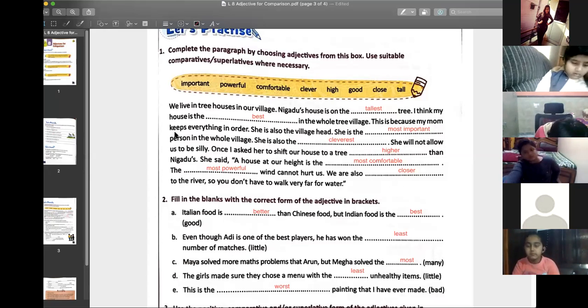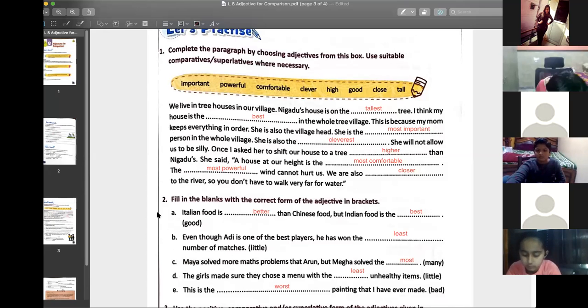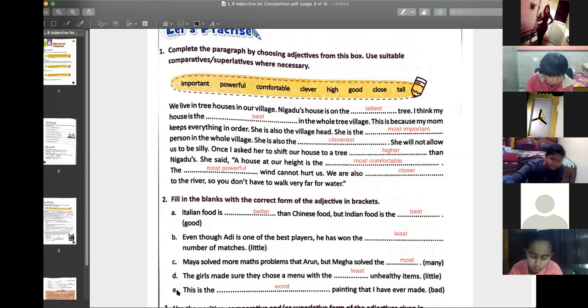Anshuman, Muskan, Yadvi, still I cannot hear you, bache. I don't know what is the issue coming.